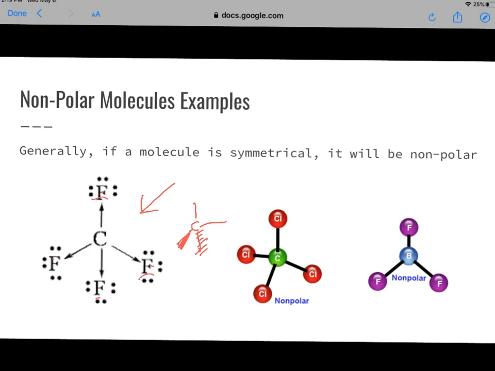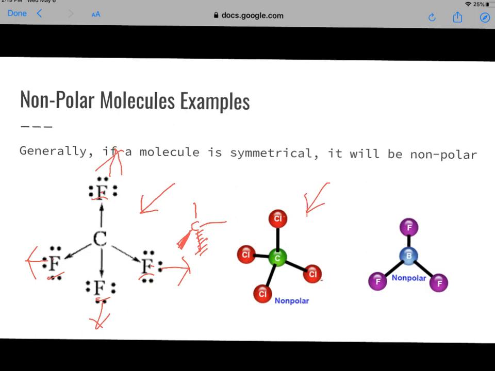All of those fluorines are pulling on the electrons, but they're all pulling evenly. It's like a tug of war where both sides are evenly matched. The electrons don't move because it's an even tug of war on all sides. So this becomes nonpolar.